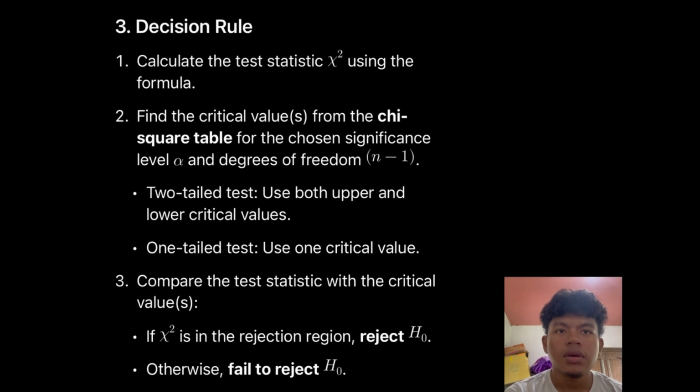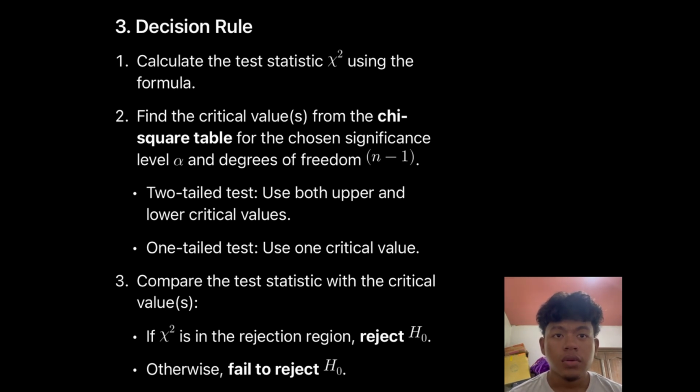The decision rule. Number 1, calculate the test statistic using the formula. Number 2, find the critical value from the chi-squared table for the chosen significance level and degrees of freedom.